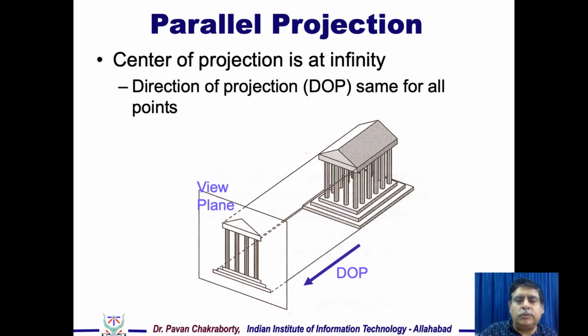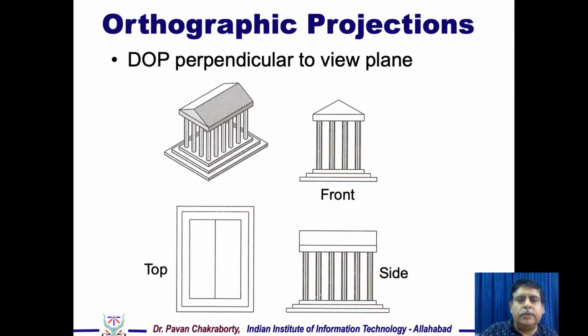So if I have the plane as shown here, the viewing plane, I could draw perpendicular lines from the 3D objects. Wherever it intersects with the plane is the point which is shown as a projected image. So orthographic projections are perpendicular to the viewing plane.